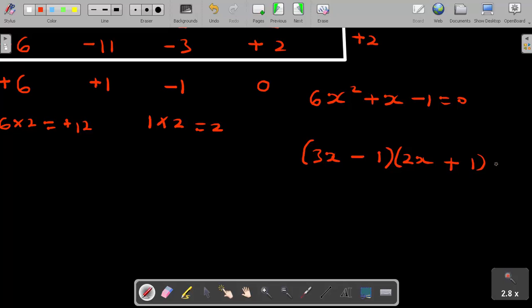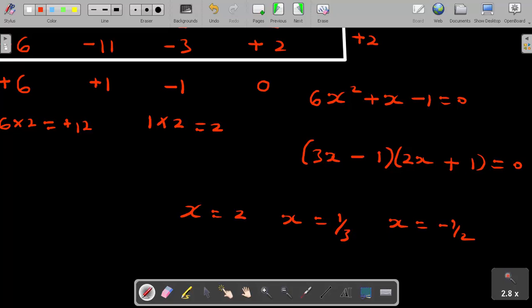So from here, after getting to 0, what are my answers now? The first answer was x equals positive 2, which you see up there. Then x equals positive 1 over 3. Also x equals negative 1 over 2. That's my method there.